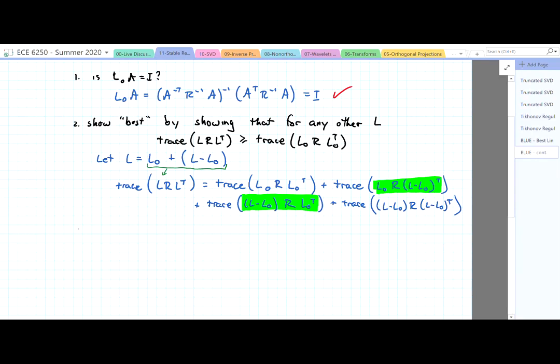So now we already have an expression for L naught that's given above.